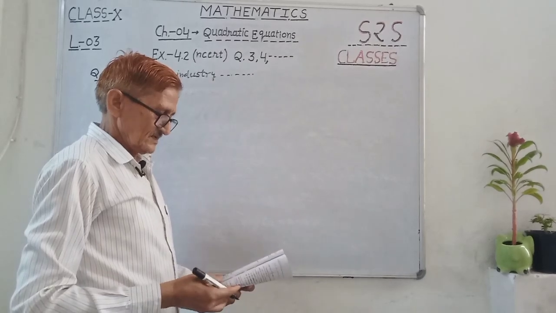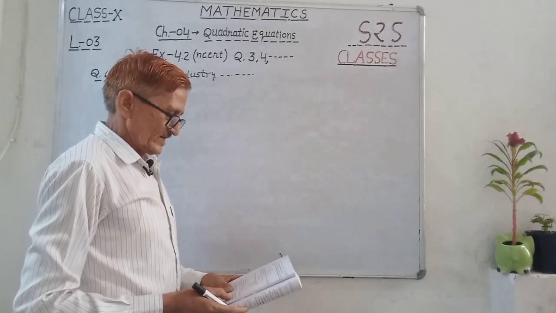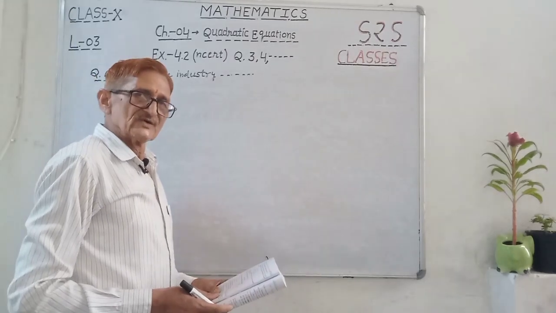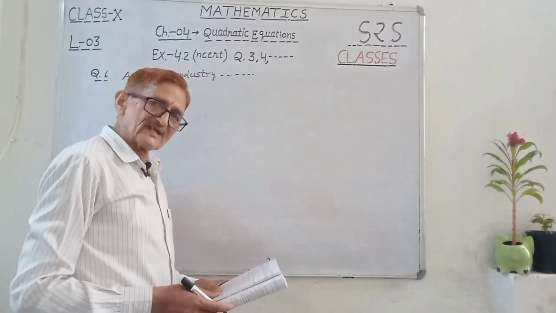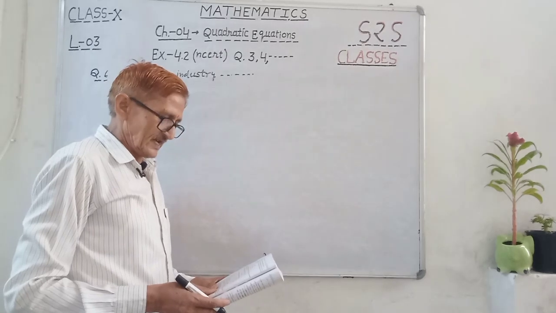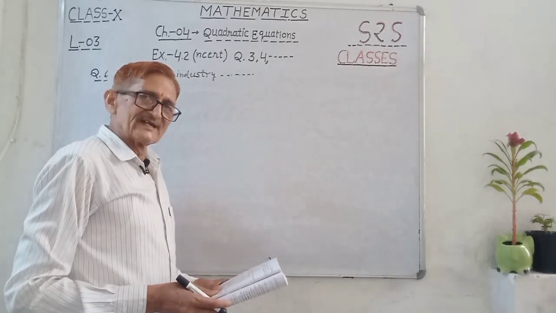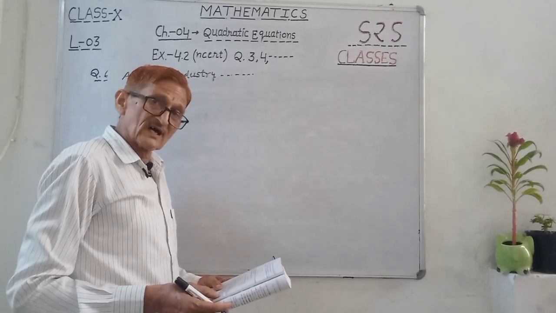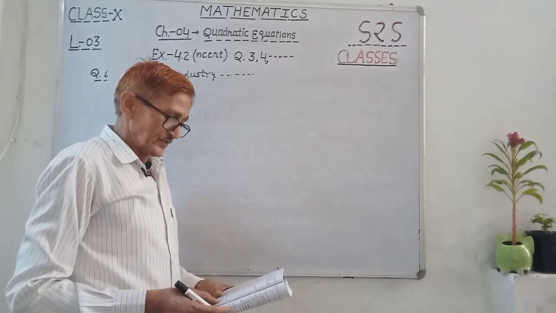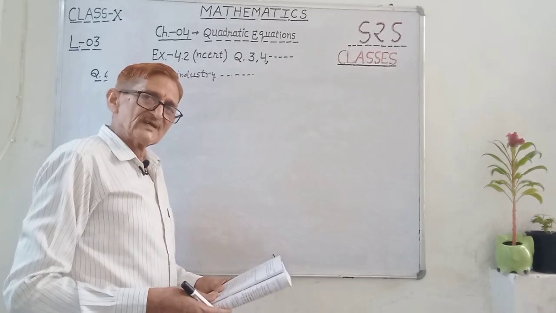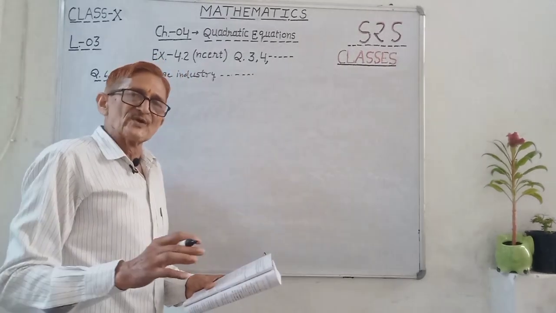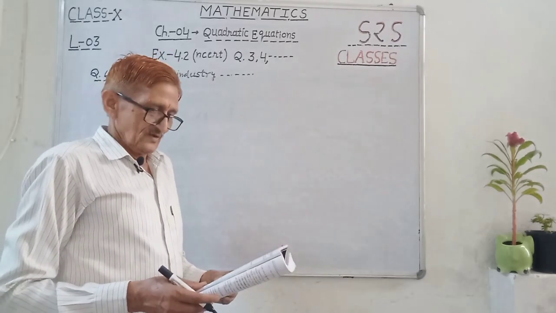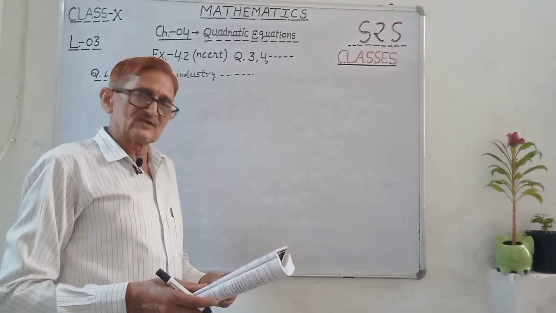It was observed on a particular day that the cost of production of each article, one article's cost of production in rupees, was 3 more than twice the number of articles produced on that day. That is, whatever number of articles are produced in one day, the cost is 3 more than twice of that.